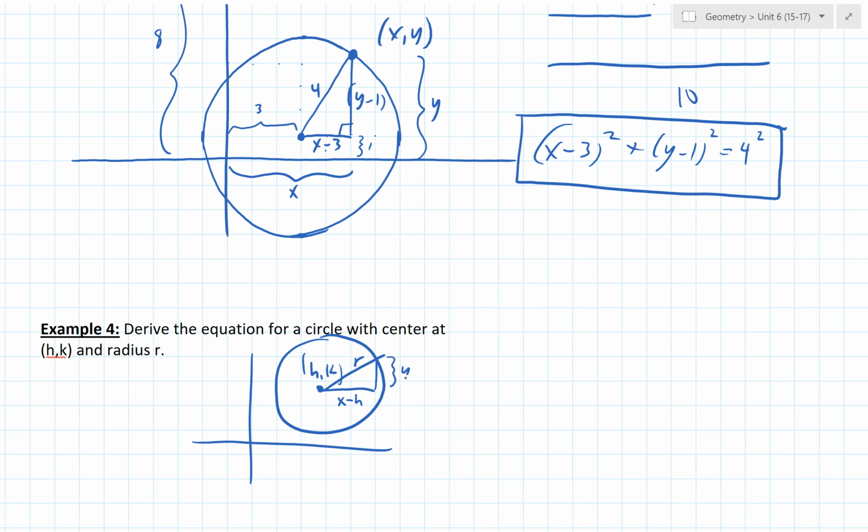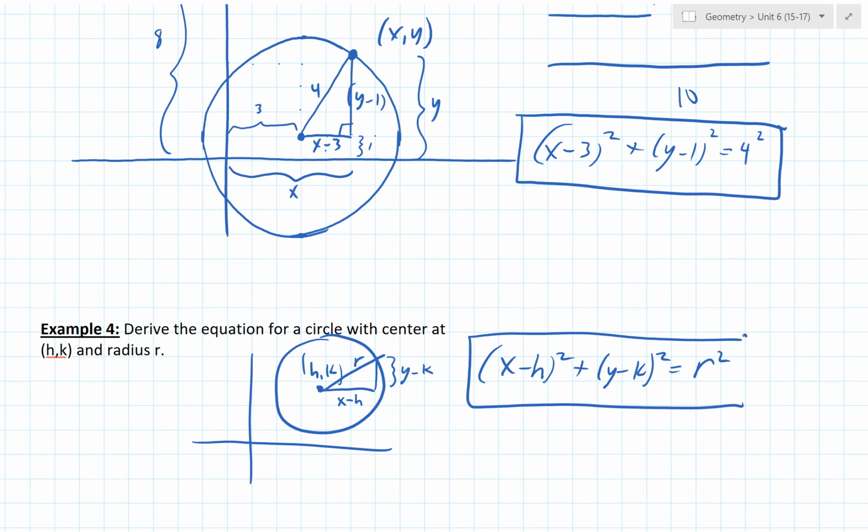The vertical distance would be y minus k, just like in the previous example it was y minus 1. And so the general equation that we get for any circle with a center at (h, k) and a radius r would be (x minus h) squared plus (y minus k) squared equals r squared. And that is the equation we're going to use a lot in writing equations of circles.